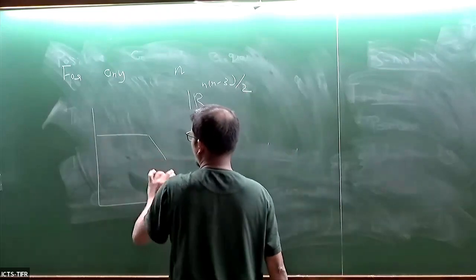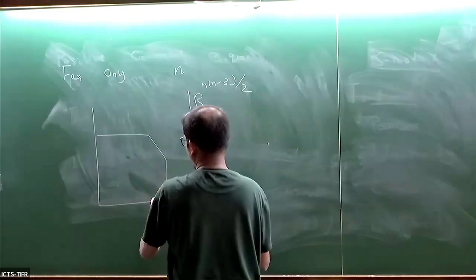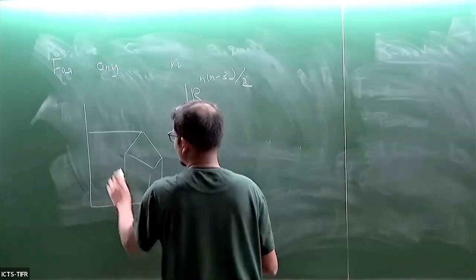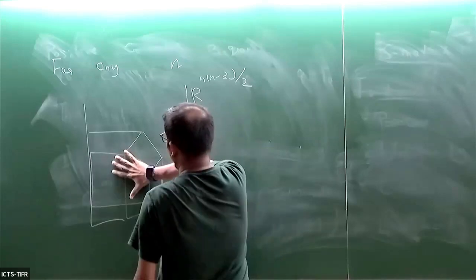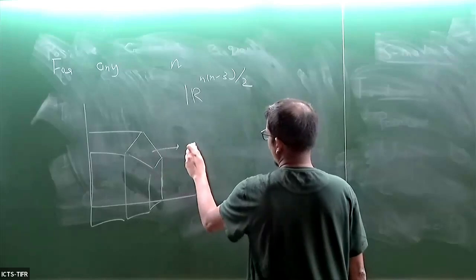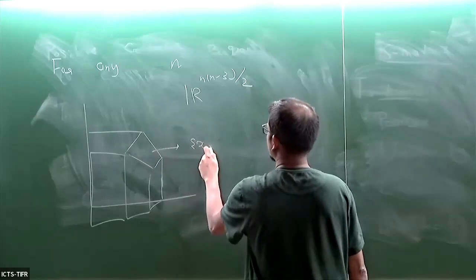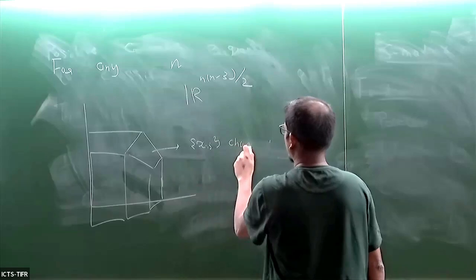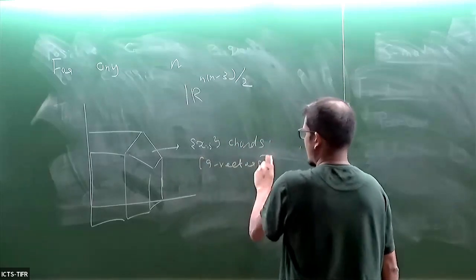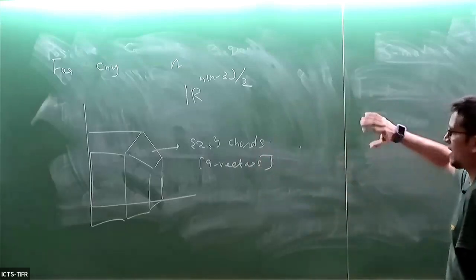I am again drawing it schematically. Of course, it is going to be a complicated geometry of higher dimension, but it's completely fixed by the Xij chords or G vectors.